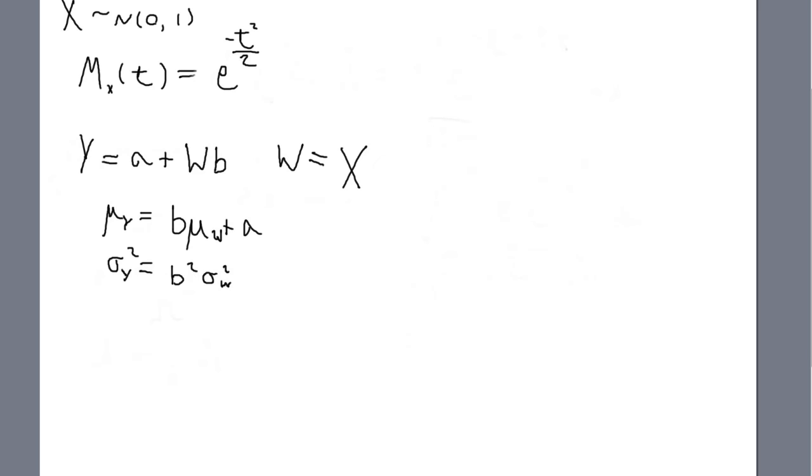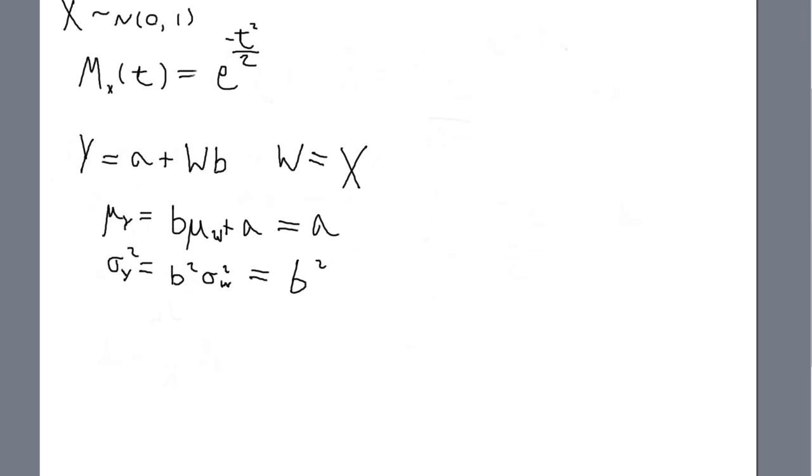Then the mean of X is 0, so this is just a, and the variance of X is 1, so this is just b squared.